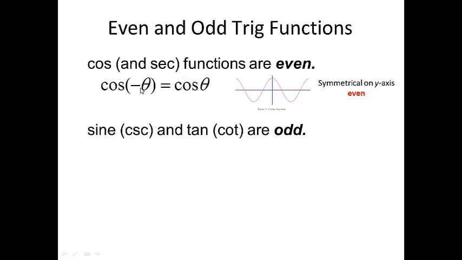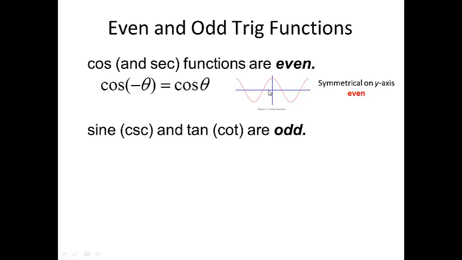What makes cosine an even function is that if you take the cosine of, let's say, 5, you'll get cosine of 5, and if you take cosine of -5, you'll still get cosine of 5, because it's symmetrical on the y-axis. It doesn't matter if you go to the left or right, as long as you go the same distance. If I go over this much on the x-axis, I get to this point on the y-axis.